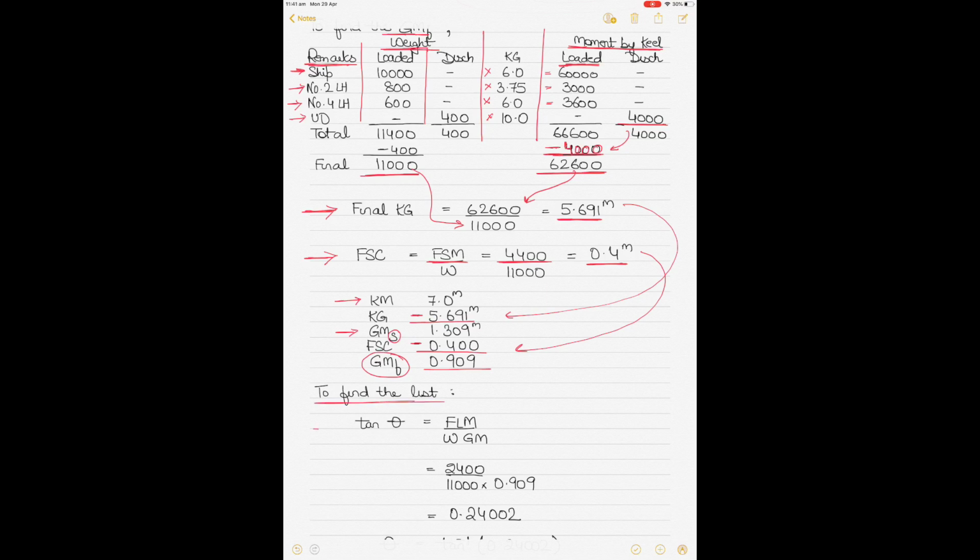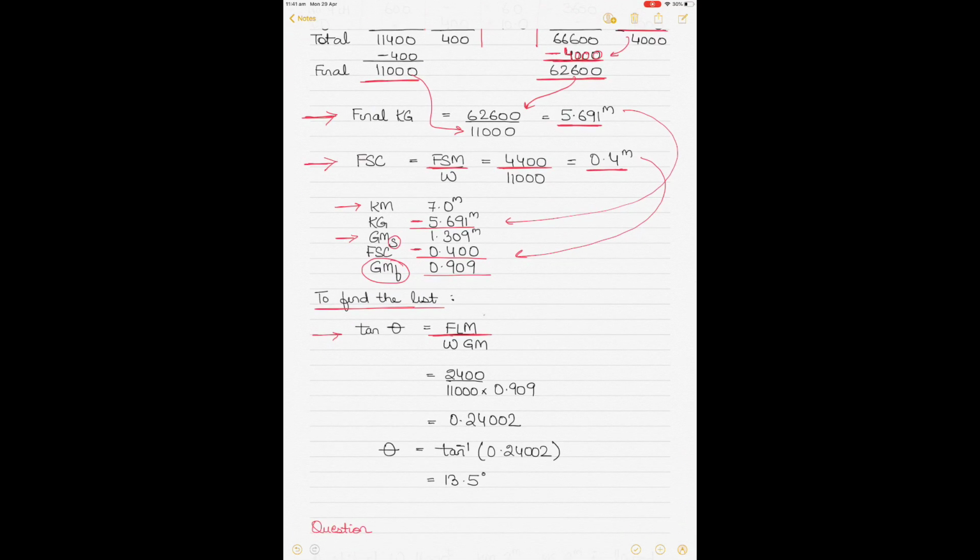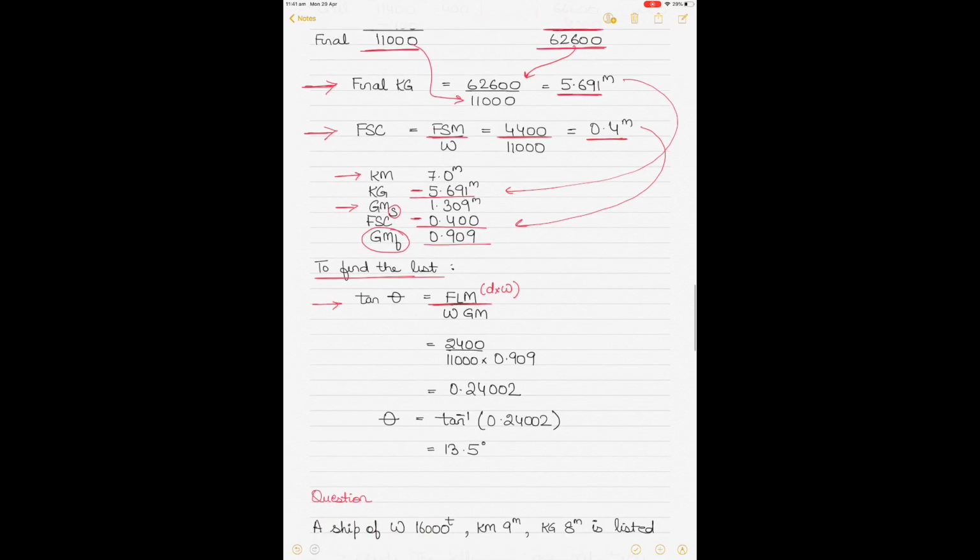To find the list, you have to use the formula: final listing moment, that is the shift in the weight of the cargo. So this is a resultant. When only one weight is involved, you write d by w, but when multiple weights are involved, you write listing moment, because you have to find the resultant listing that takes place due to shifting, cargo loading or discharging.